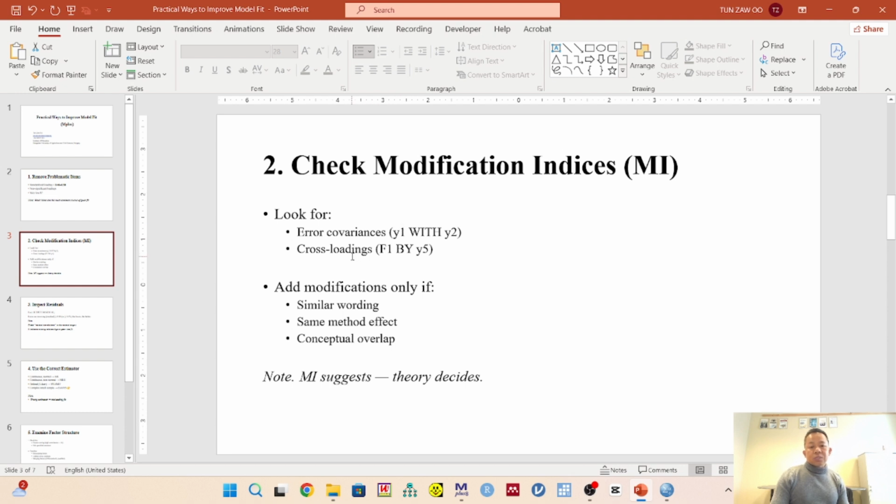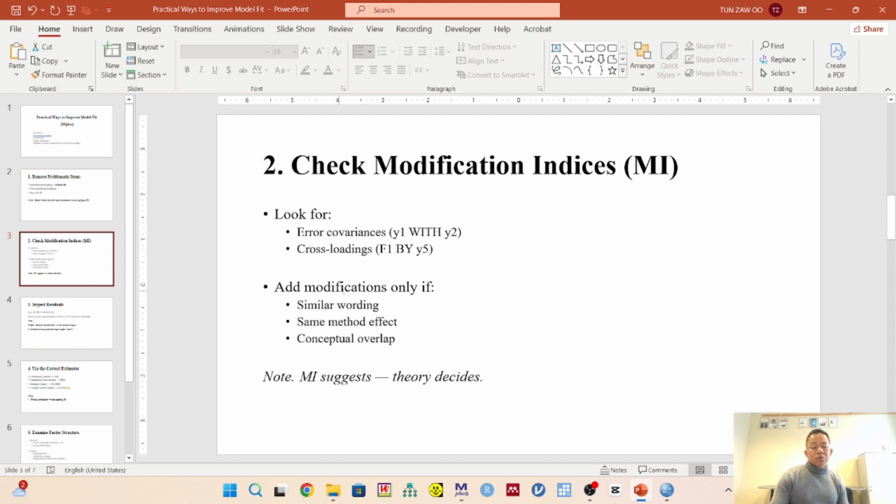And also some items may have the wrong factor. For example, we follow a previous questionnaire and use the same items and the same factors. But in this sample or in this context, these items don't belong to the previous factor. At that time, there is a problem: cross-loading. We should take care of this one as well.